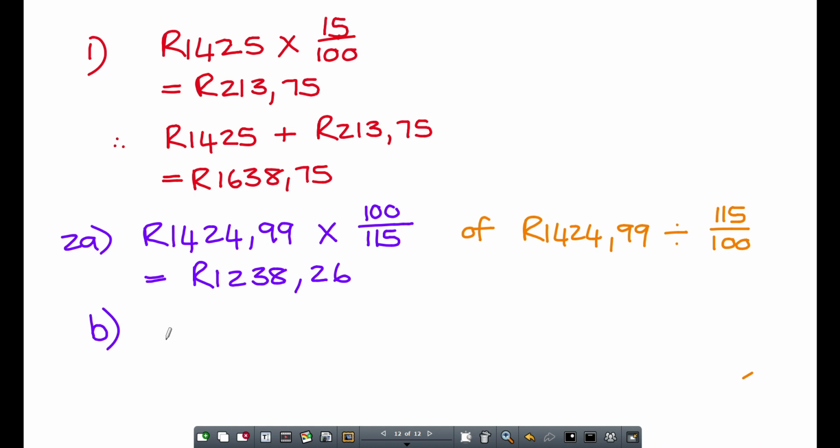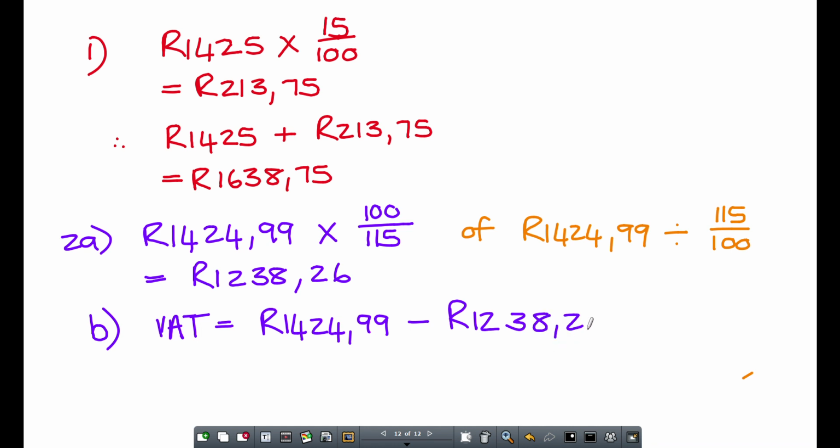Nee. So I can say VAT of tax gaan dan wees die 1,424.99 minus the VAT exclusive price of 1,238 rand en 26 cents, wat vir jou dan veronderstel is om te gee 185 rand en 74 cent.